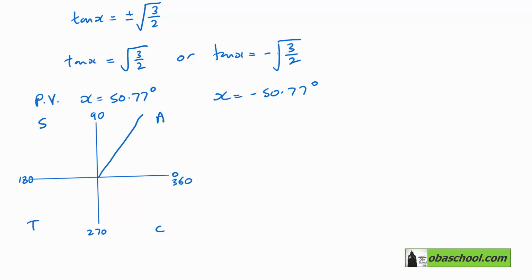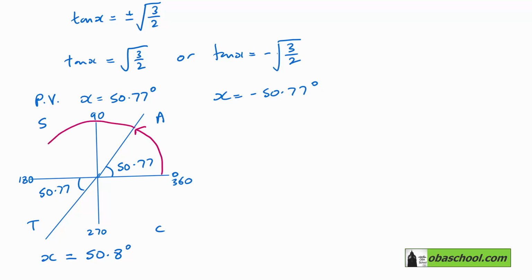And the principal value here is 50.77. And because it's a tangent, the other one must be down here. And the key angle here is 50.77. So that's going to give us 50.77. We're going to one decimal place as the final answer, so 50.8. And that's looking for angles from 0 to 360.